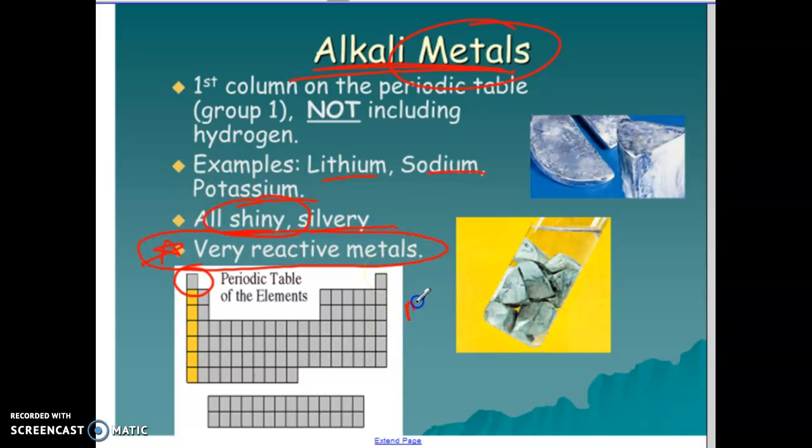Actually, they're the most reactive metal group on the periodic table. As you go from left to right, the metals become less and less reactive. So the most reactive is group number 1. The second most reactive group of metals is group number 2. The third most is group number 3, etc., etc., for metals, okay?